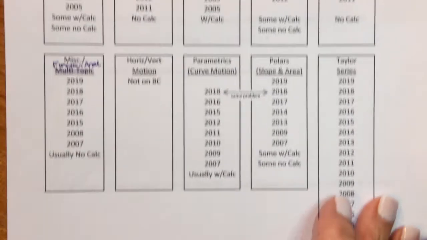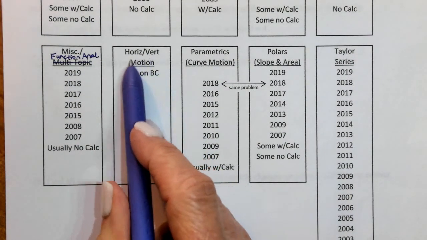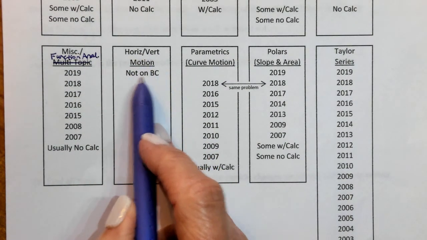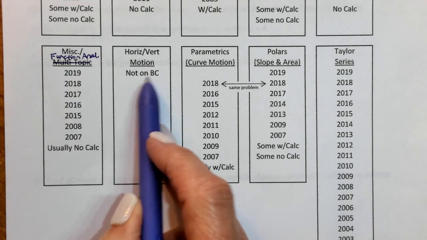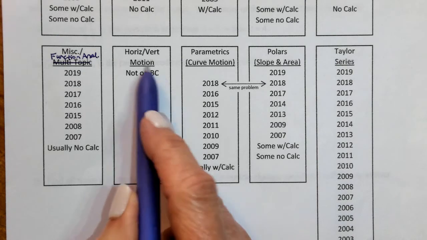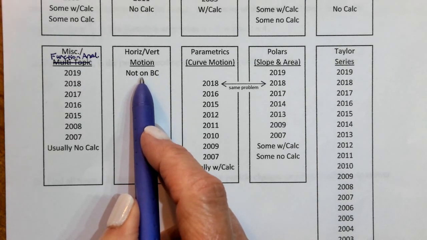If you notice on our little chart here, these questions are not going to be on an FRQ for Calculus BC. For Calculus AB, it's quite normal for them to be on an FRQ.